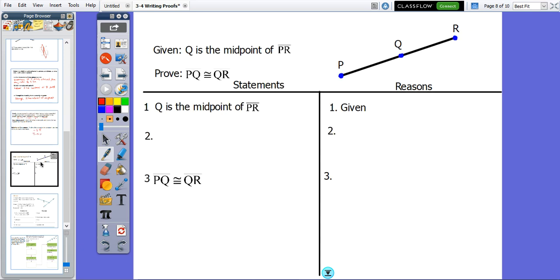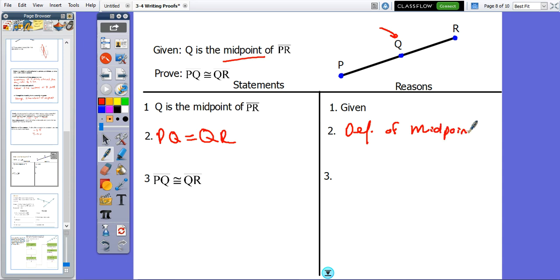Here we say that Q is the midpoint of PR. So this little Q point splits PR in half because that's what midpoints do. So because I know Q is the midpoint of PR, then I can go ahead and make the assumption that PQ has to be equal to QR because by definition of midpoint, I'm allowed to say that those individual parts are congruent to each other.